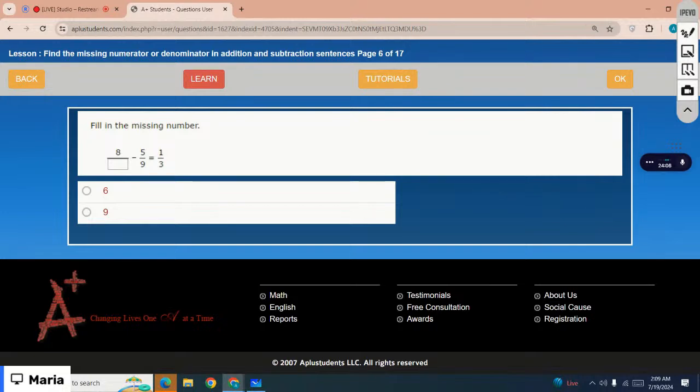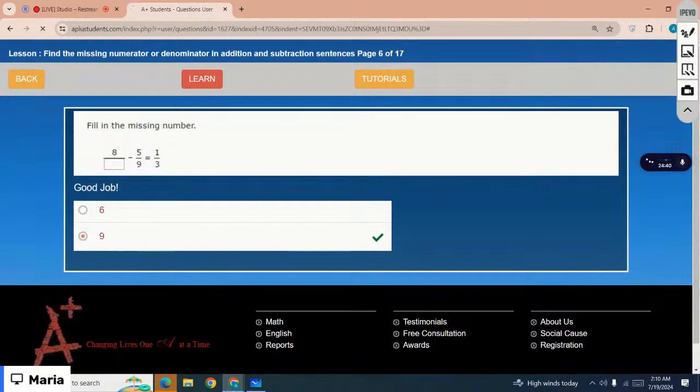Fill in the missing number. So which number is missing? The missing denominator is 9. Right?